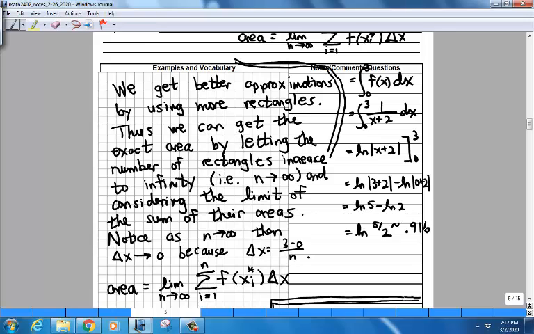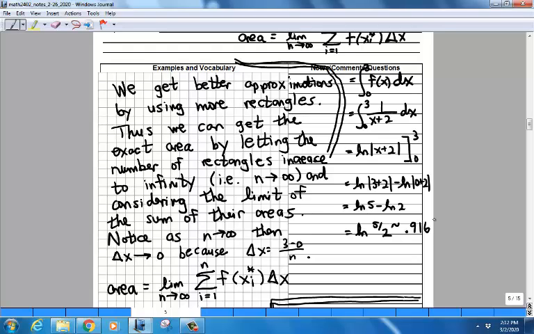Pretty close. Because 5 halves is 2.5, that's pretty close to e, because e is 2.7. So this is almost the natural log of e, but natural log of e is 1. So indeed, the answer is going to be pretty close to 1, about 0.916.